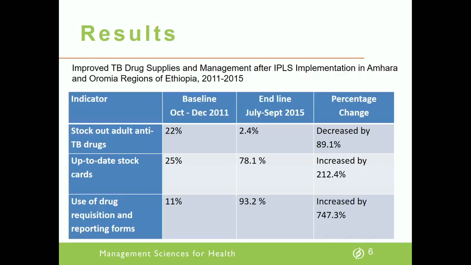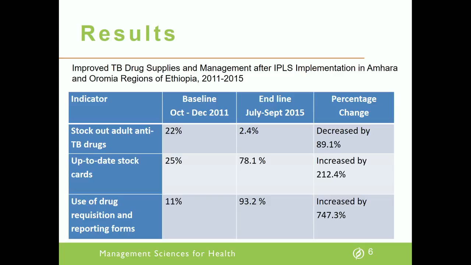These are some of the results. Earlier on, we were using tracer drugs, especially adult anti-TB drugs, RHZE and RH, to track our stockout in the health facilities. We used the adult medications because they are the ones widely used by our patients.